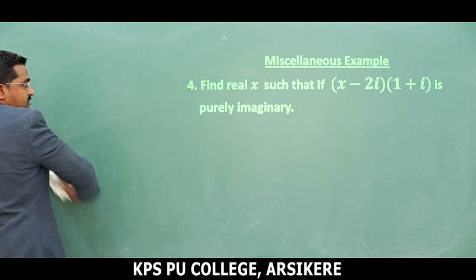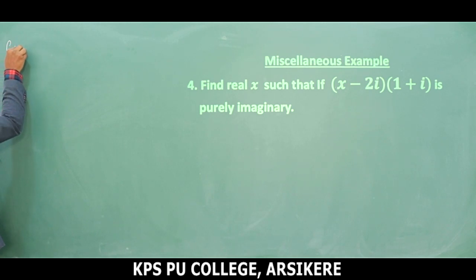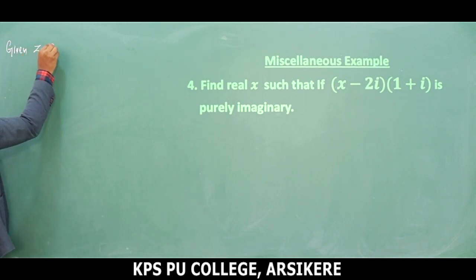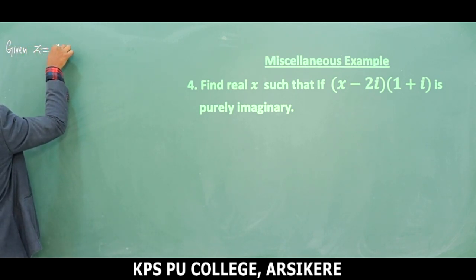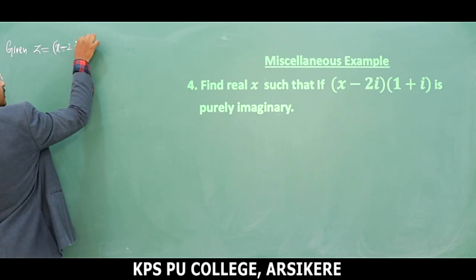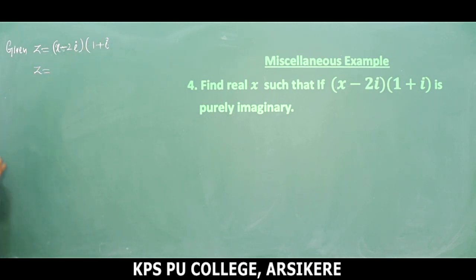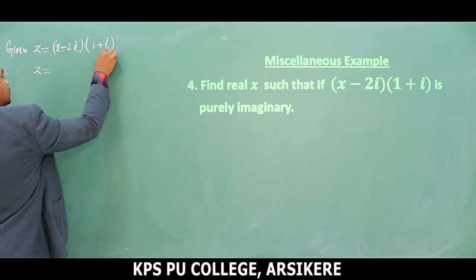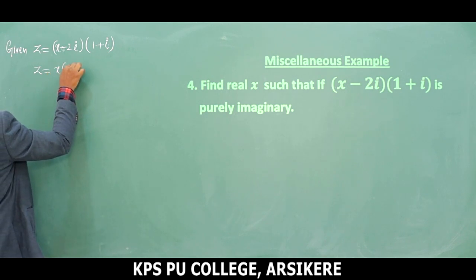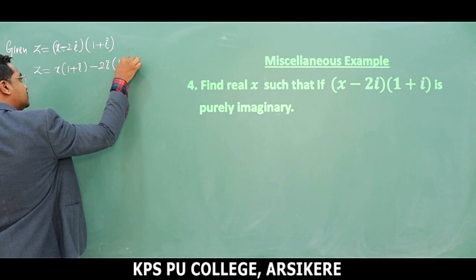Take the given complex number. Given z is equal to (x minus 2i) into (1 plus i). Multiplying, z is equal to x times (1 plus i) minus 2i times (1 plus i).